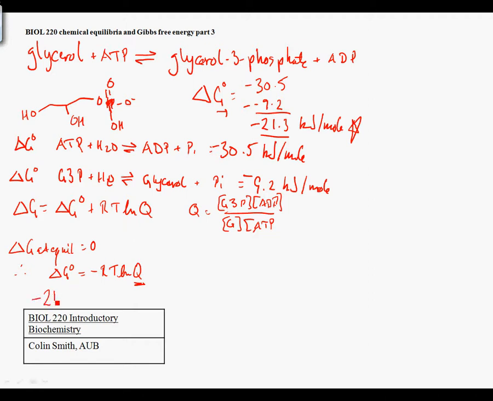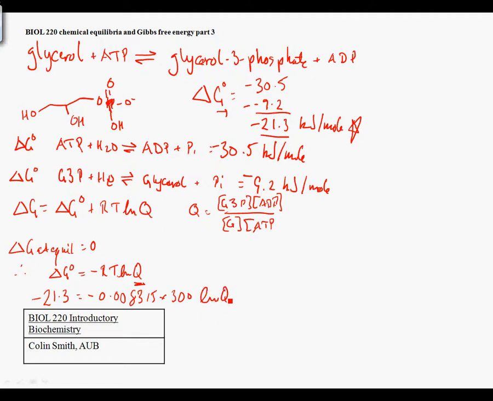So negative 21.3 is going to be equal to negative 0.008315 times 300 Kelvin about, ln Q.